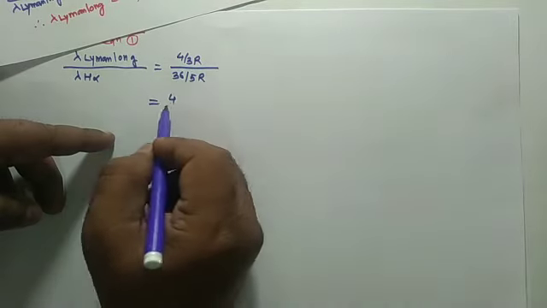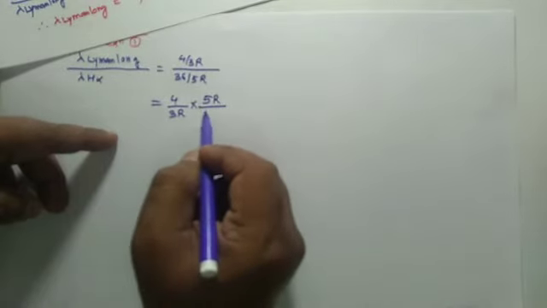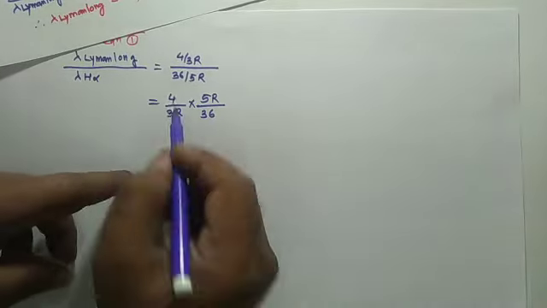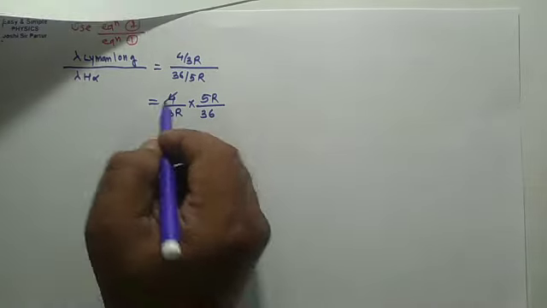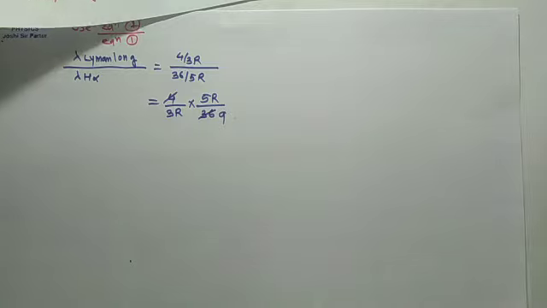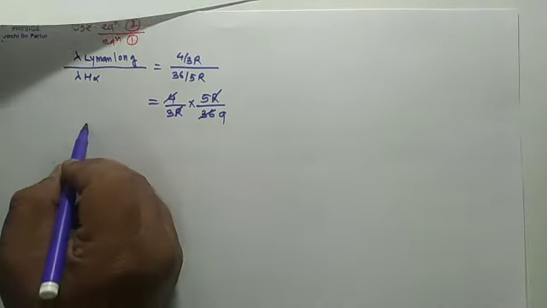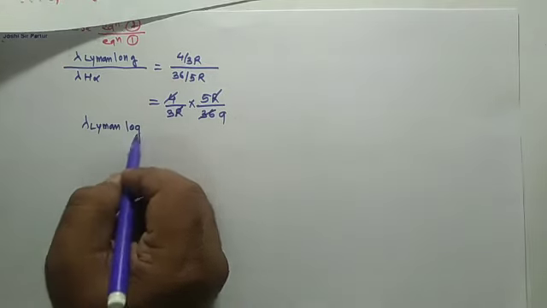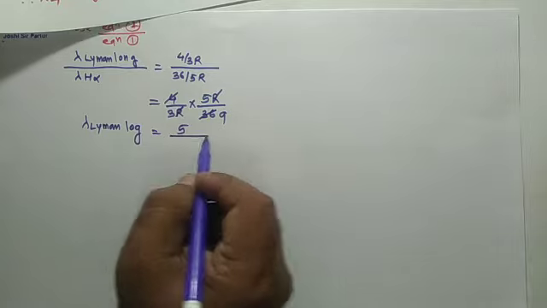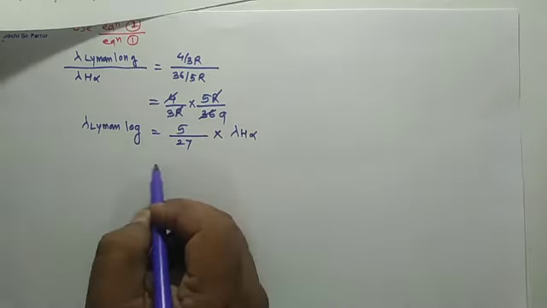It can be written as 4 upon 3R multiplied by 5R upon 36. 4 and 36 divided gives 9, and R gets cancelled. So lambda Lyman longest is equal to 5 divided by 27 multiplied by lambda H alpha.